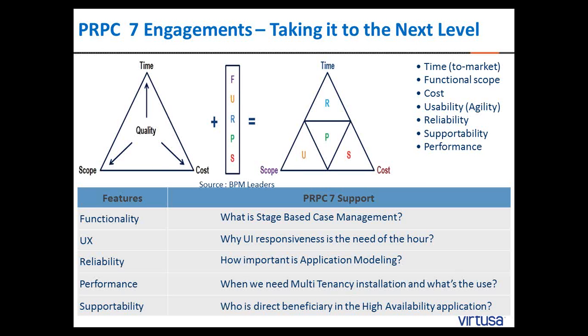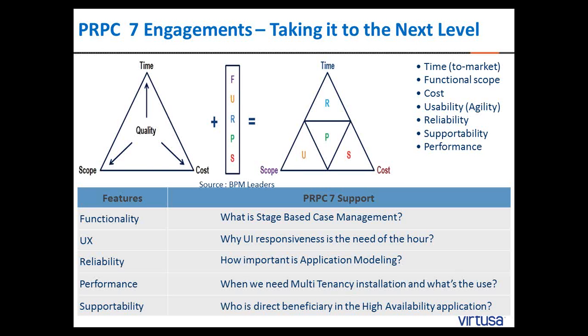F stands for functional quality. So somebody might say that if the application doesn't meet the entire functional requirement, then the quality is poor. U stands for user experience. So somebody might say that, if the user experience is not consistent, then the application is of poor quality.